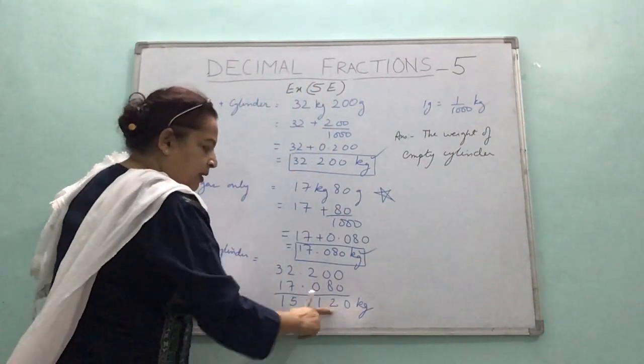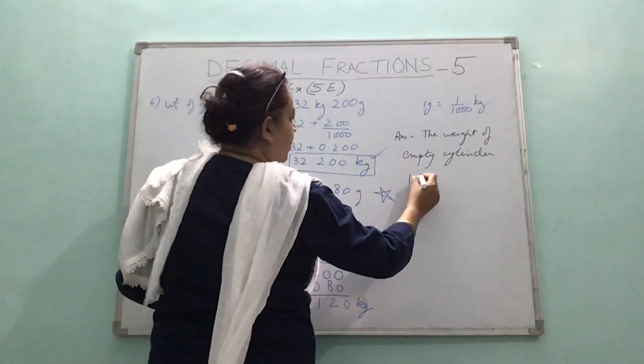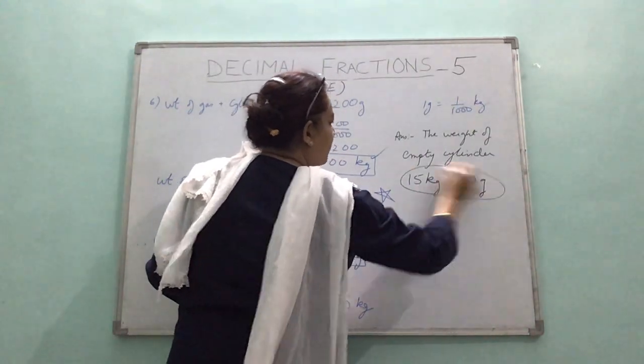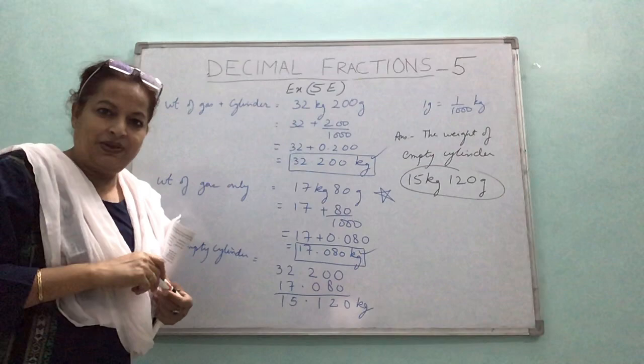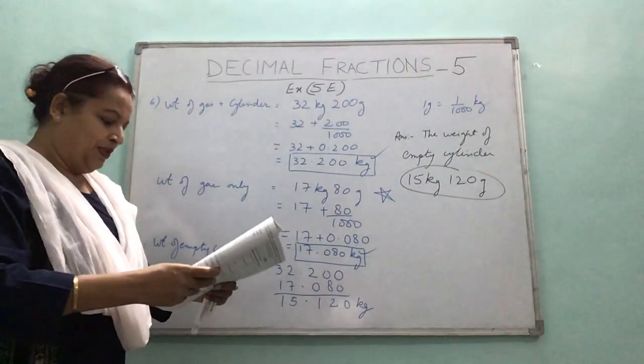Now, 3 decimal places, it is 120 grams, right? So 15 kilogram, 120 grams. I hope you have understood how to do these word problems. So this is up to question number 6.